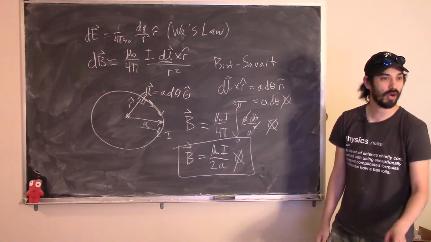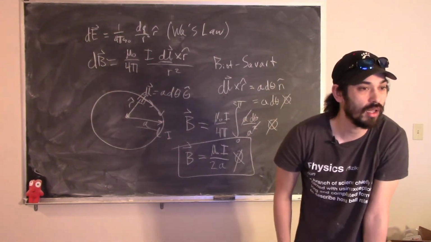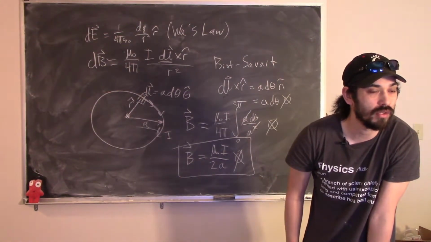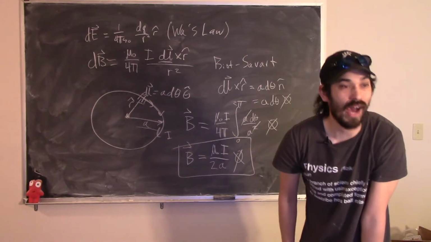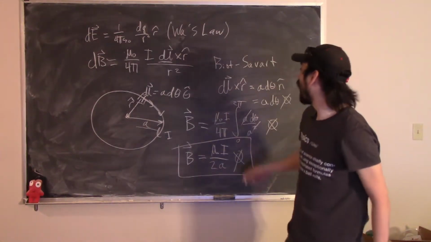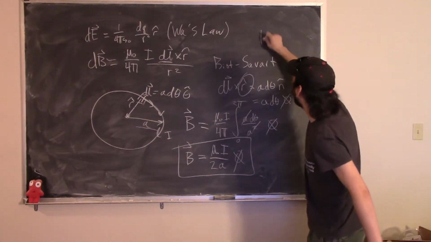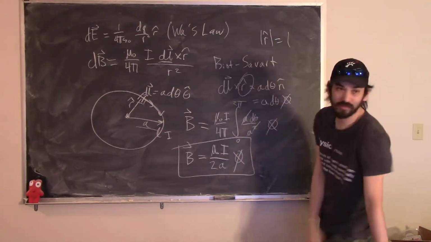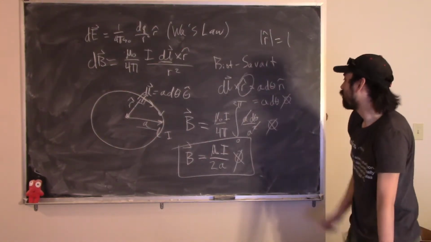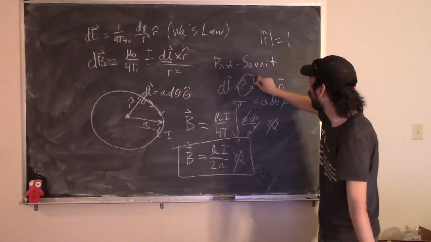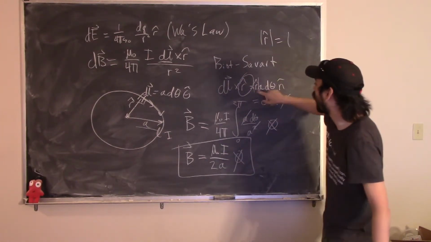Is r hat just left as a vector, or do you need to know the magnitude of it? So r hat's a unit vector, right? So the magnitude of this is always 1. I implicitly have that here, so this is times the magnitude of r hat.